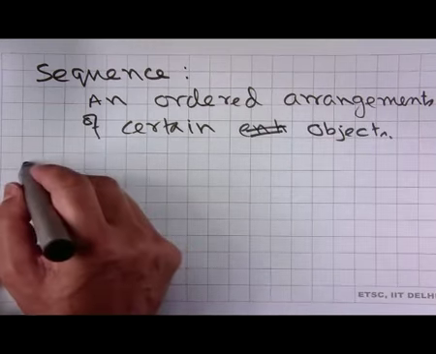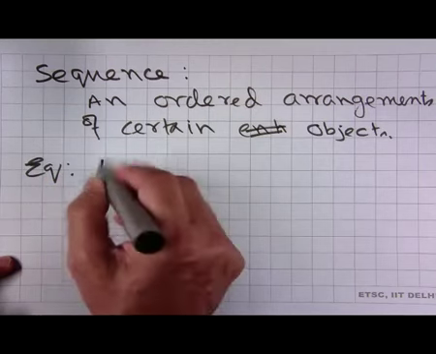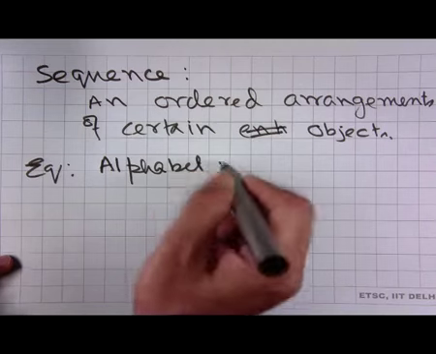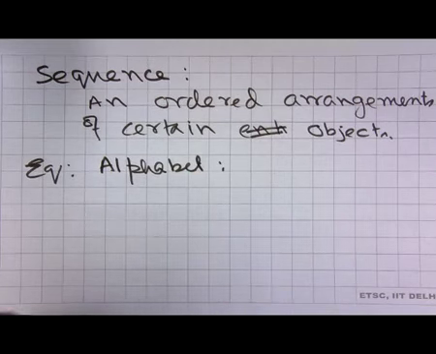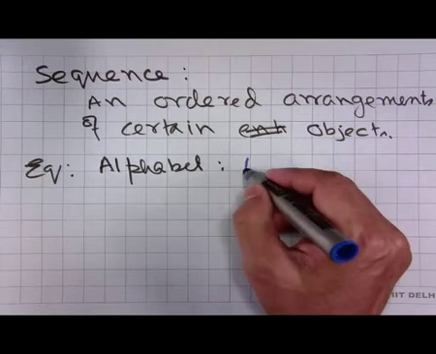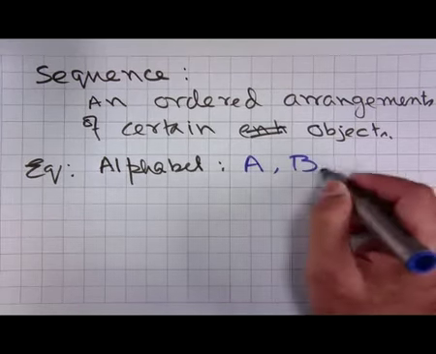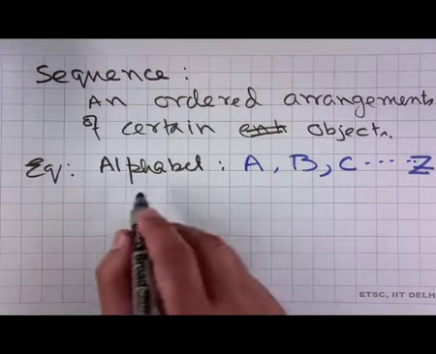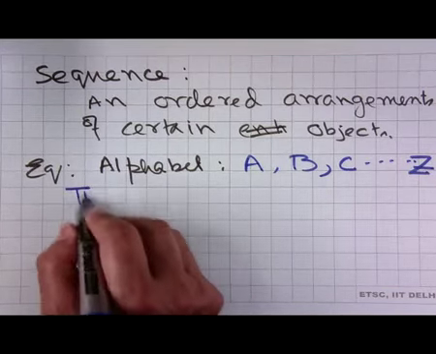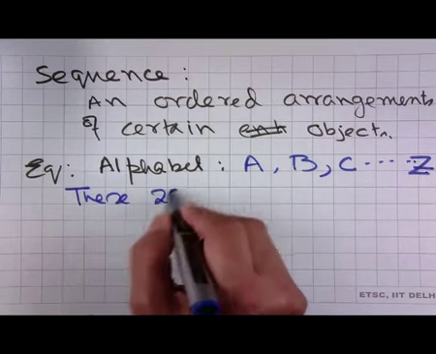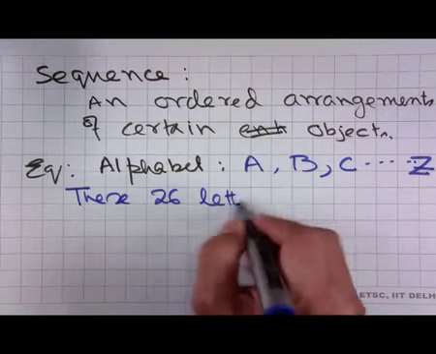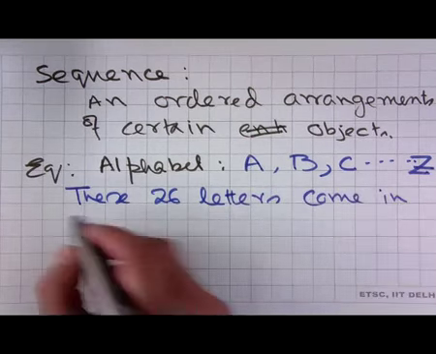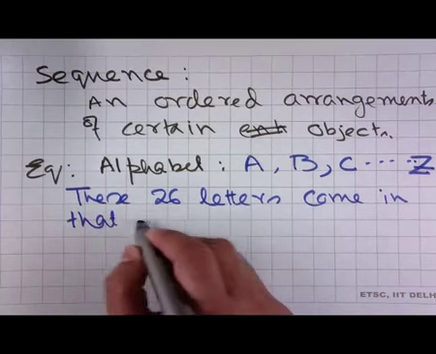For example, alphabet. If we consider English alphabet, we have A, B, C up to Z. These 26 letters come in that specific order, right?